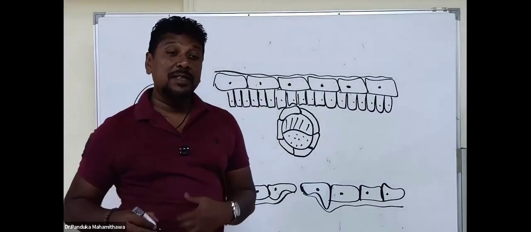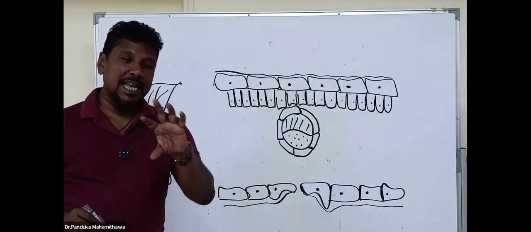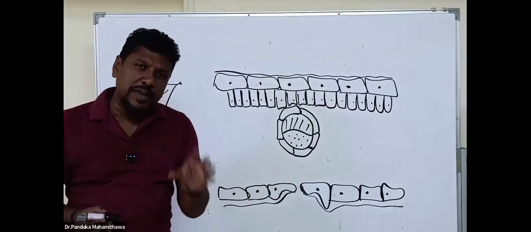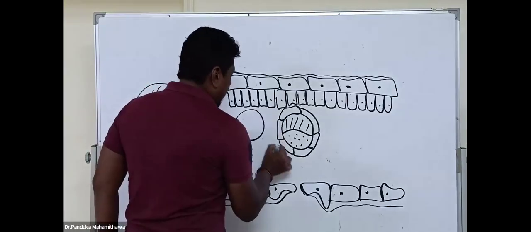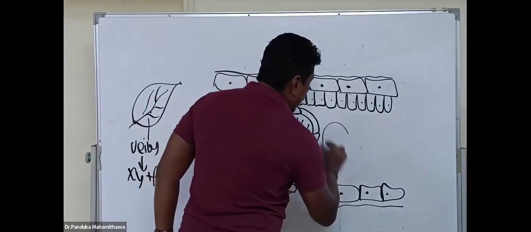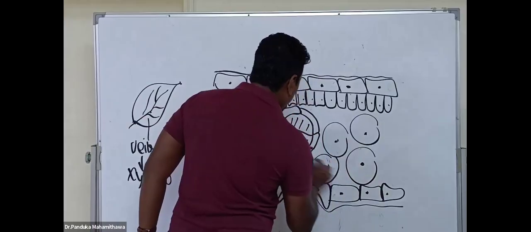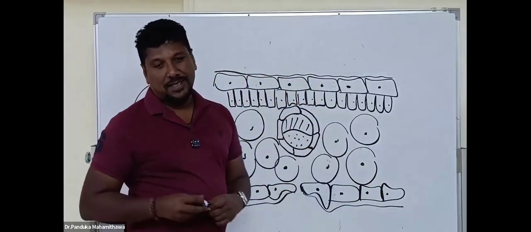And the other type of mesophyll cells are called spongy mesophyll, which are spherical and loosely arranged with a lot of intercellular spaces, like this. These are spongy mesophyll, loosely arranged with a lot of intercellular spaces.